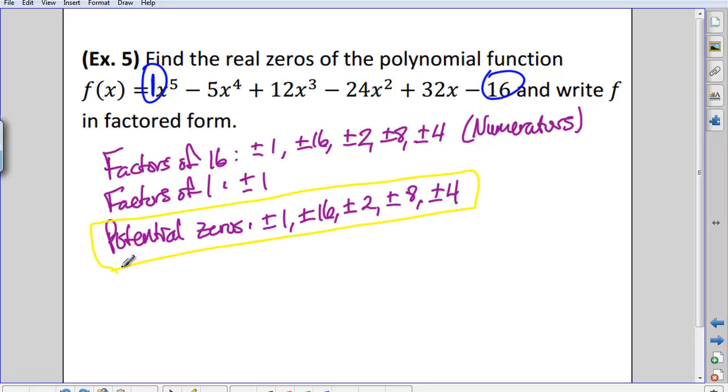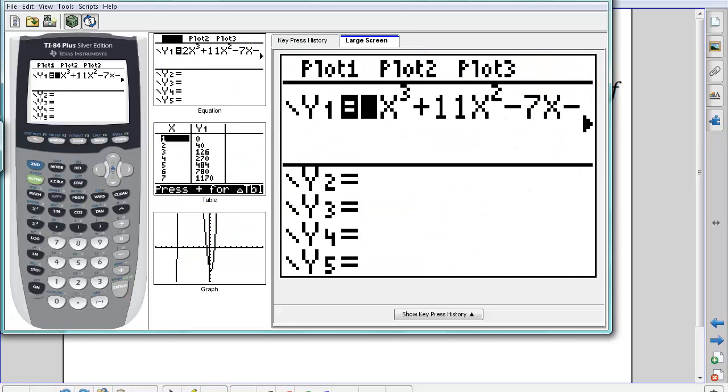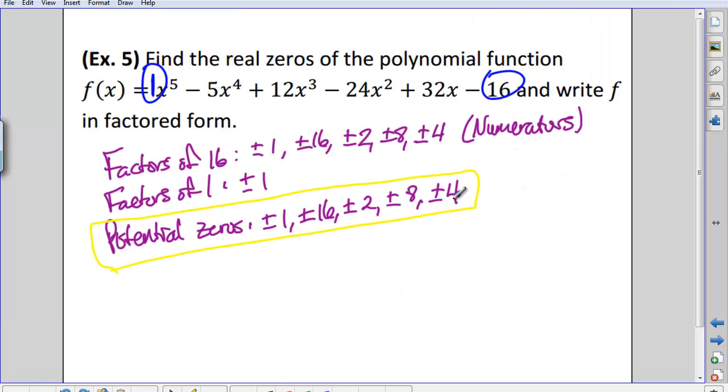for my function. The next thing I would recommend doing is graphing this thing. Rather than just starting to hack away at that list of 10 potential zeros, save yourself some work and just look at the graph.